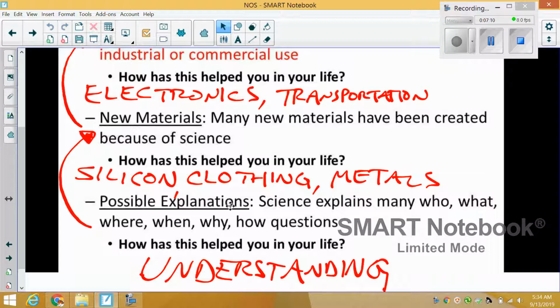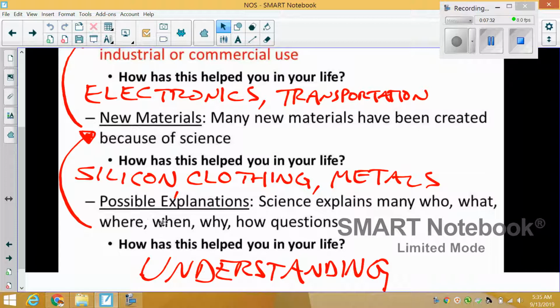That didn't change the course of Earth immediately, but it increased the understanding of things. A lot of times new discoveries in science are just explanations of things that we don't understand. And it helps us learn stuff, and it helps us to have a better understanding of our world around us.